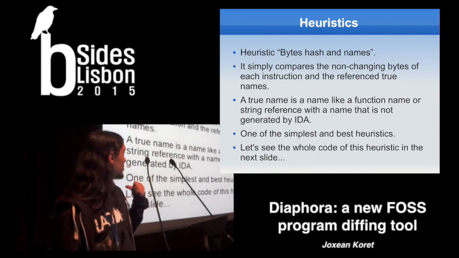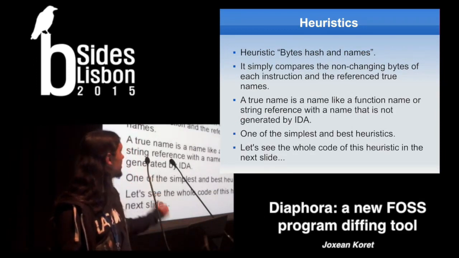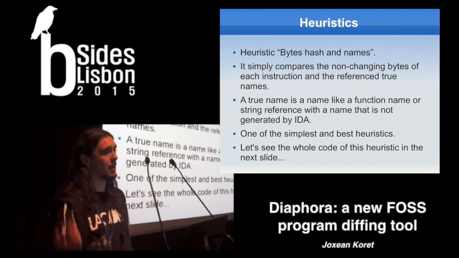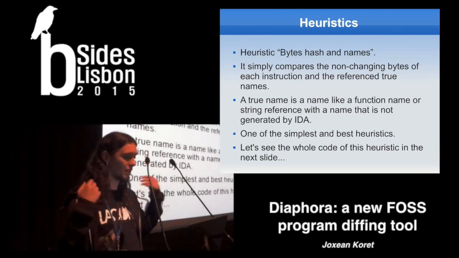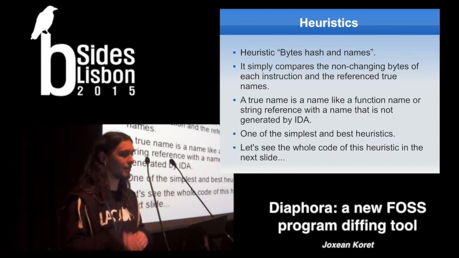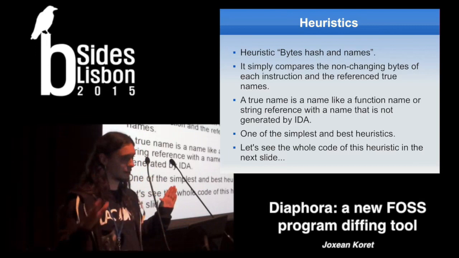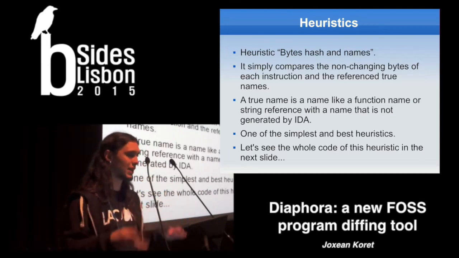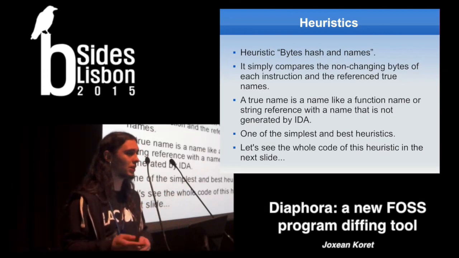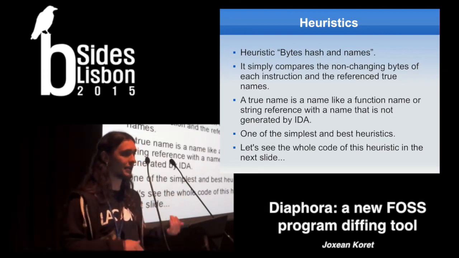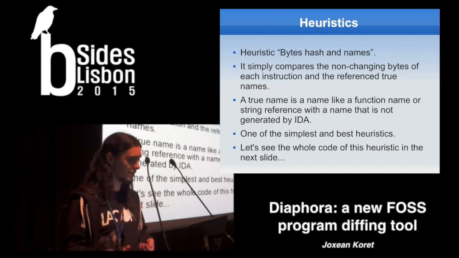This is one that we already discussed a bit. Sorry. The heuristic byte hash and names. It simply compares the non-changing bytes of each instruction and the references through names. If the bytes from the assembly instructions are actually the same, and the true names of, I don't know, constant uses or global variable names are the same, we know that we have a really, really good match.